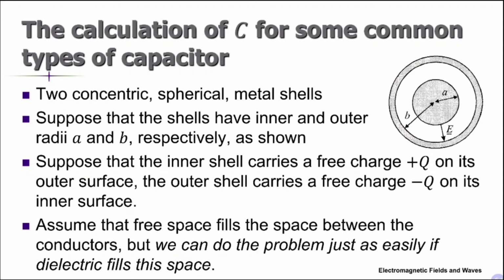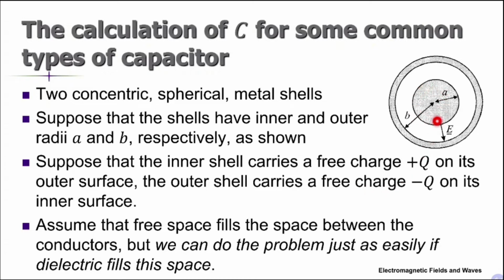This is an example of a common type that you can solve using the 3 steps that I talked about just now. You can calculate the capacitance C for two concentric spherical metal shells.